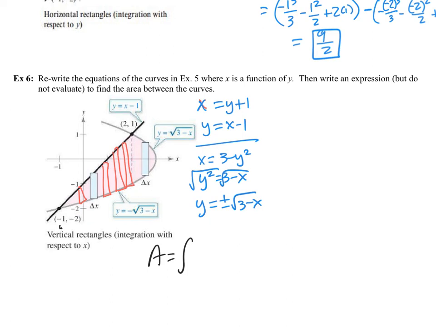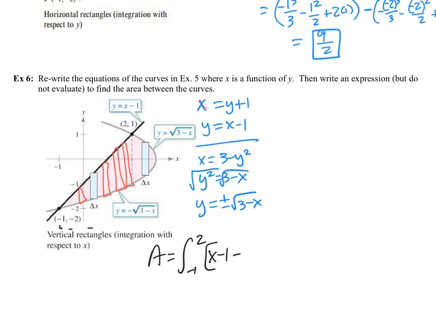Okay, so we're going to integrate from -1 to 2. We're going to take the top function, which is x minus 1, and subtract from that the bottom function. Now, this bottom function, when you're below the x-axis, is the negative square root of 3 minus x.